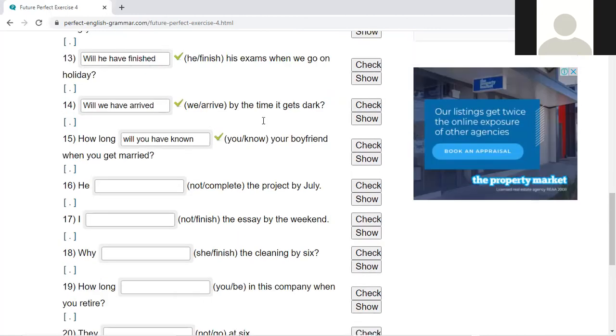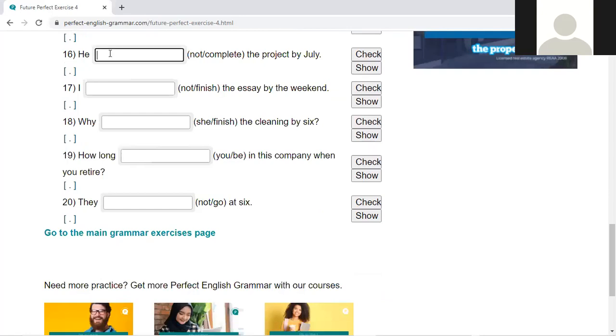16. Why me? Be careful, it's negative. He won't have completed the project by July. Es que no lo puedo decir así, complete. Claro que no, tiene que ser completed porque termina con ed. Pero ¿por qué finished? Sí lo puedo decir así.